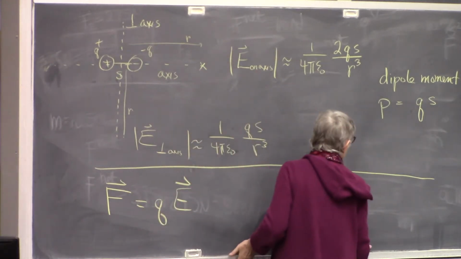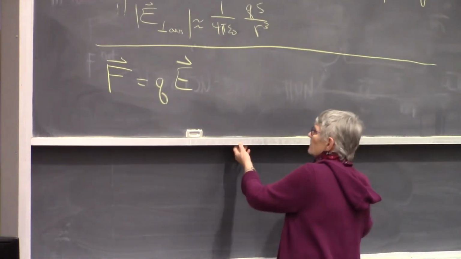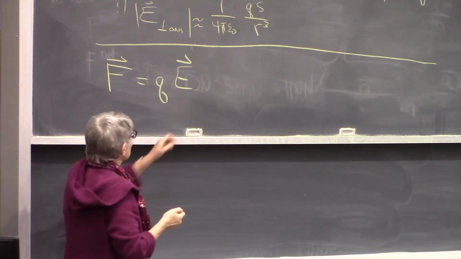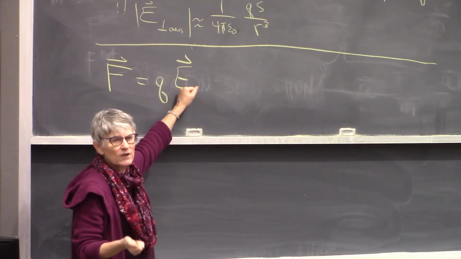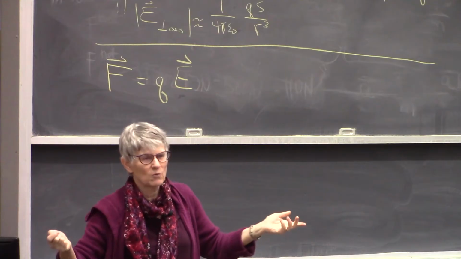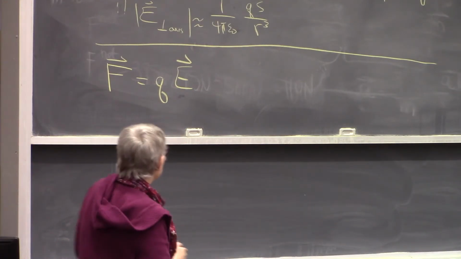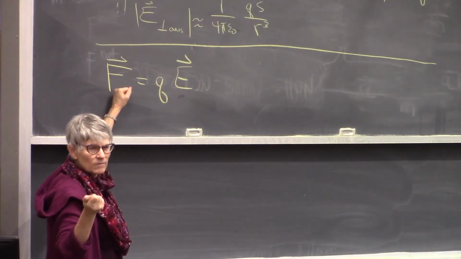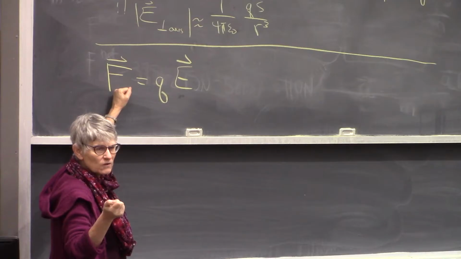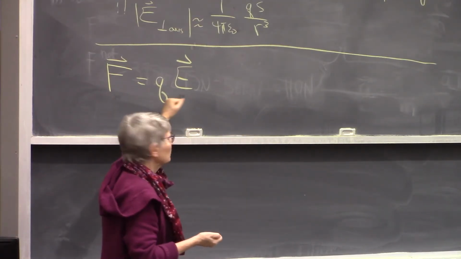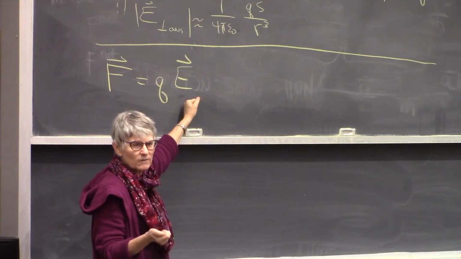What's really fundamental is that if you know the electric field at some location in space due to some charges in the surroundings, which could be one or more dipoles, then you can predict the force on any charge that you put at that location just by multiplying it by that electric field.